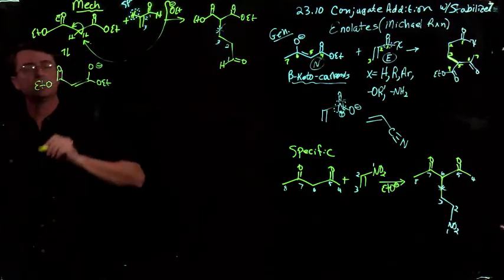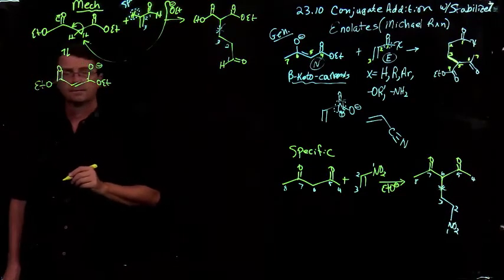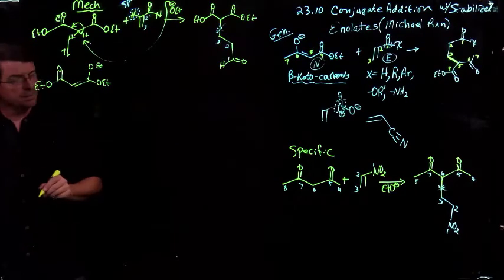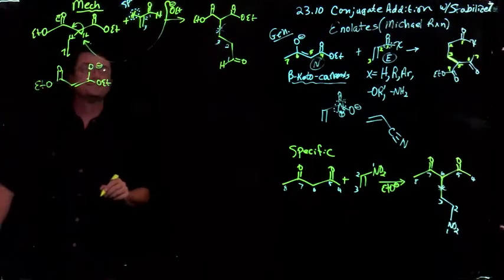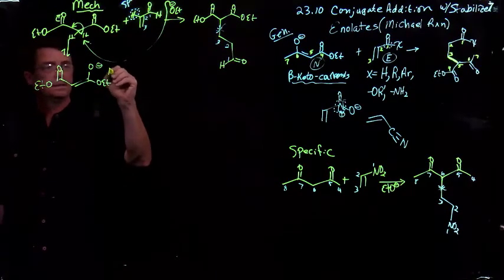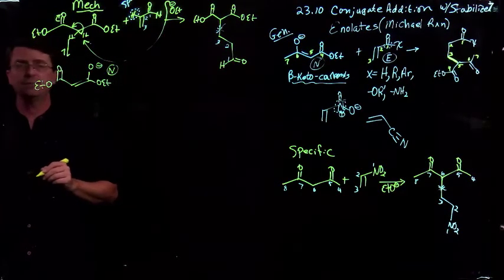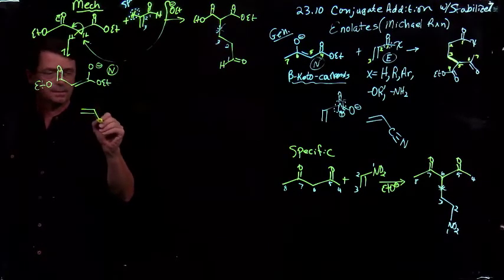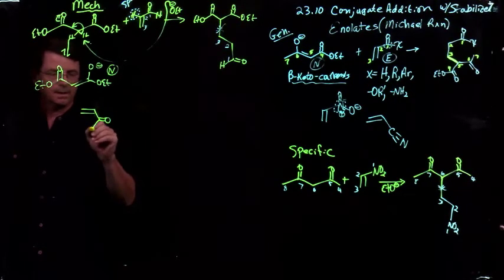Now, this equilibrium will lie in which direction? Right, this one lies strongly in the direction of deprotonation, essentially quantitatively. The enolate is our nucleophile, so then we need to find the electrophile. The electrophile, in this case, is the aldehyde.